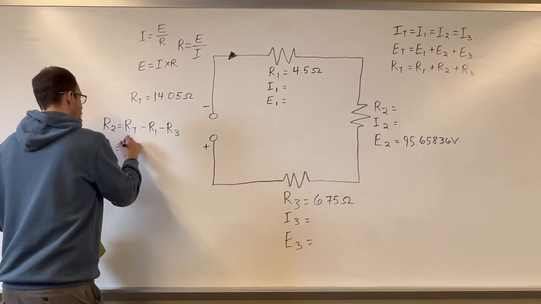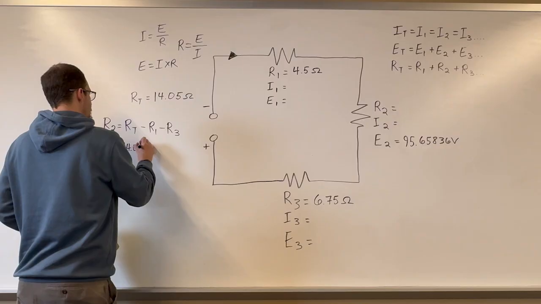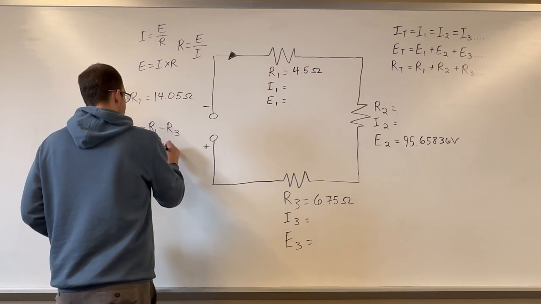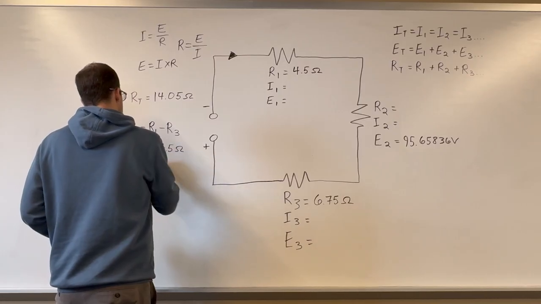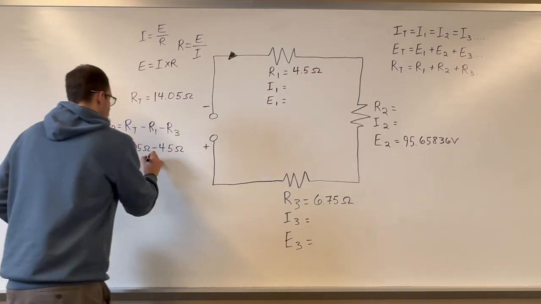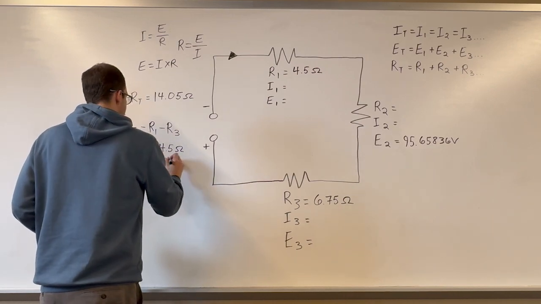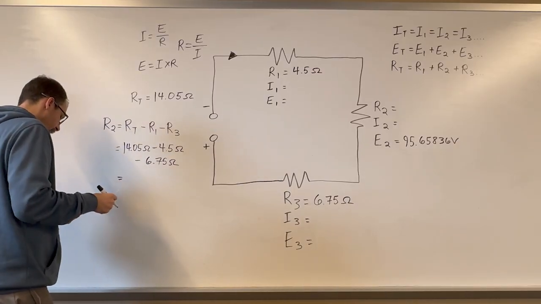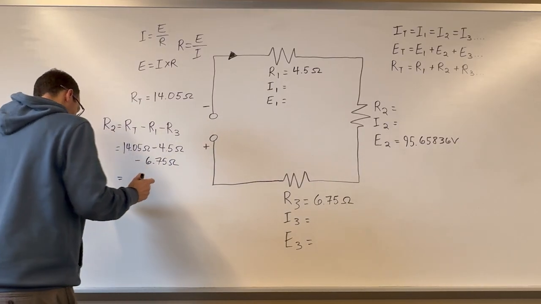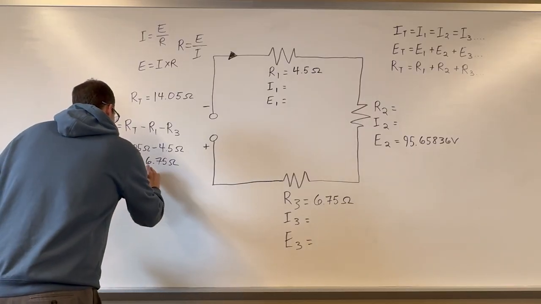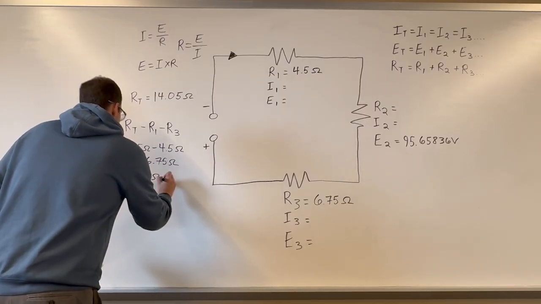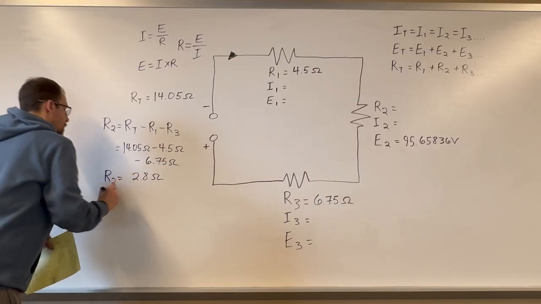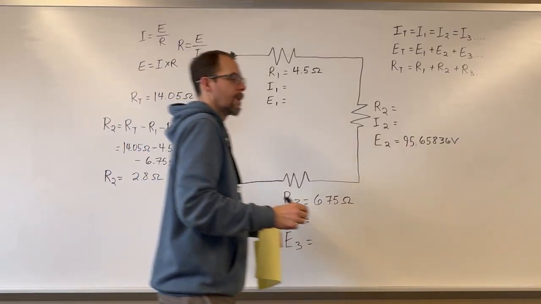And for us, that's 14.05 ohms minus 4.5 ohms minus 6.75 ohms. And I get a total of 2.8 ohms. And that's R2, is it not? We can now move R2 over to here.